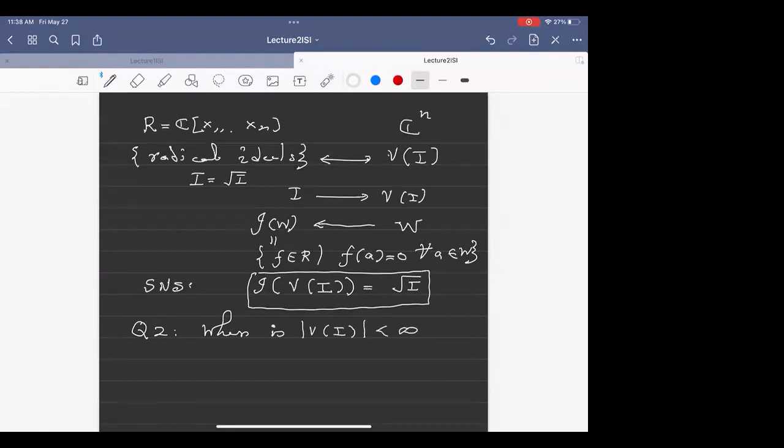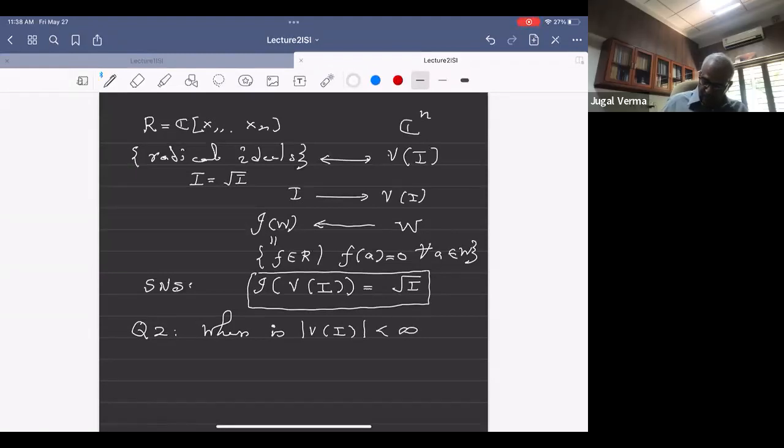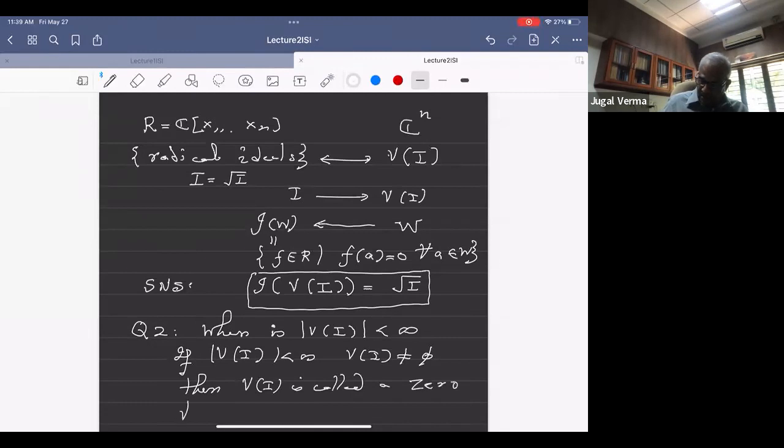Okay. So if V(I) is finite and non-empty, then V(I) is called a zero-dimensional algebraic variety, because it is a discrete set.